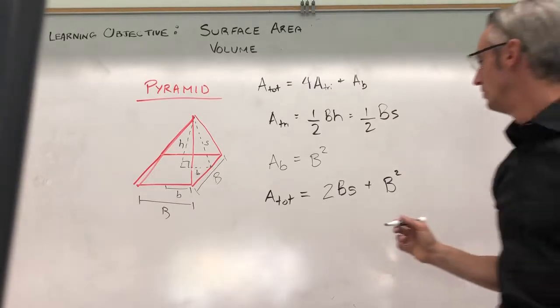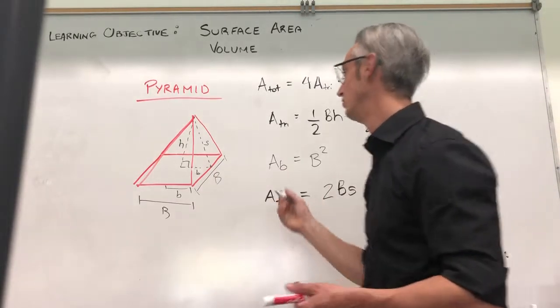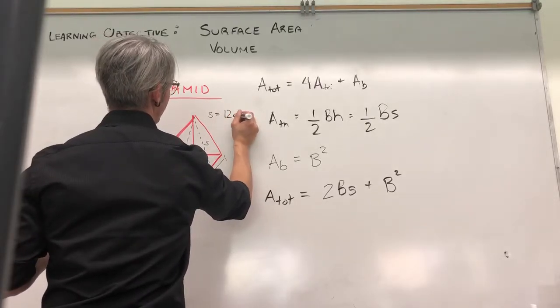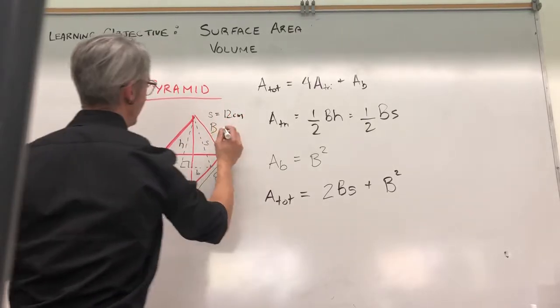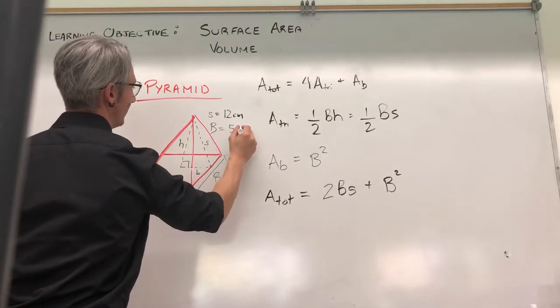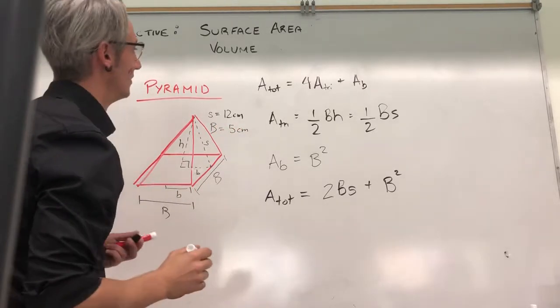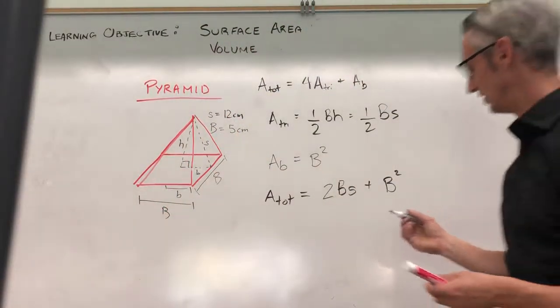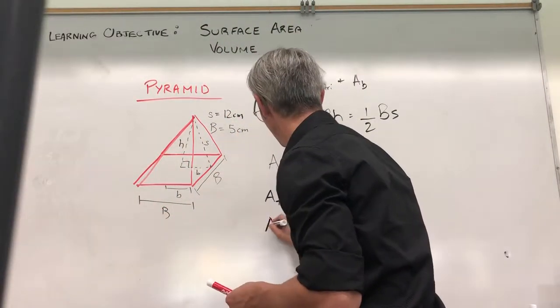Okay, so say I told you the side length of this triangle is 12 centimeters, and the base is 5 centimeters. Then that's all we need. We don't even need to know the height to figure out the area. So we can do the total area for this guy.